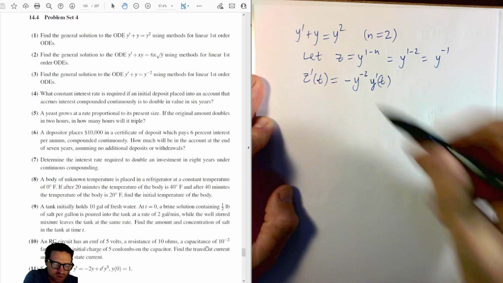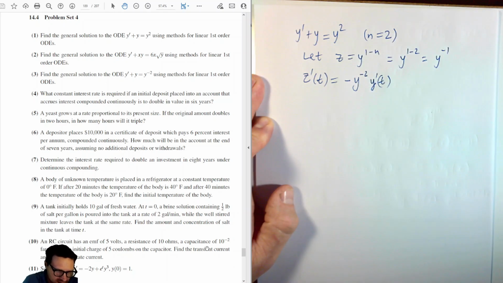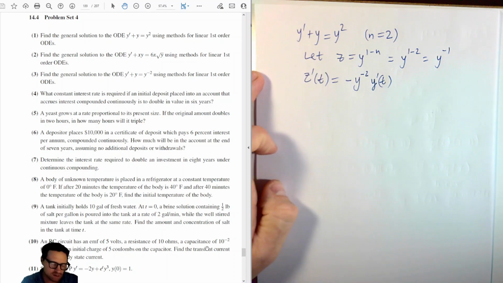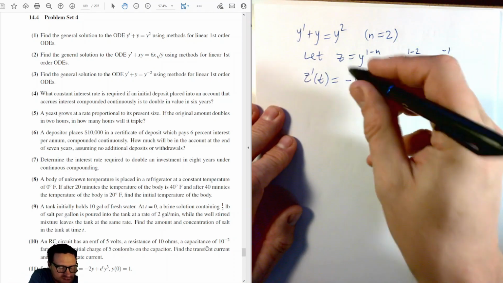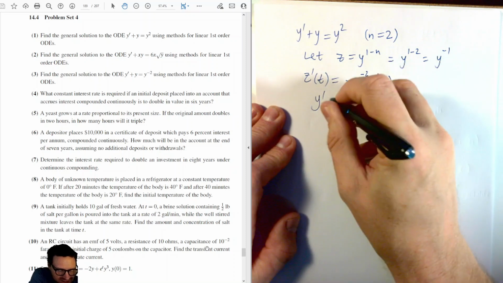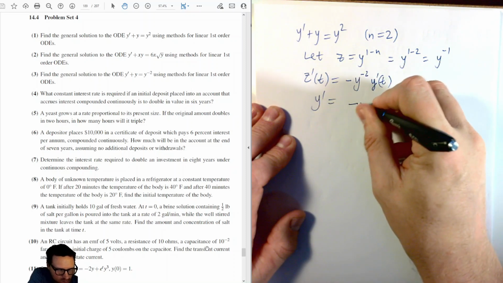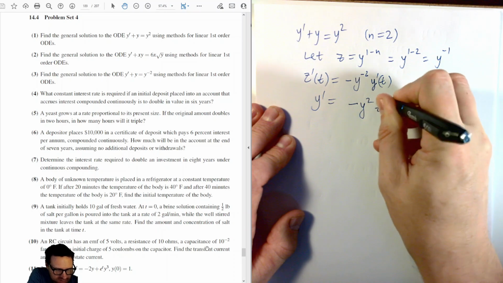Okay, and so we want to substitute y' in the first differential equation up here. And so now we'll write y' equals minus y to the power of 2 times z'.